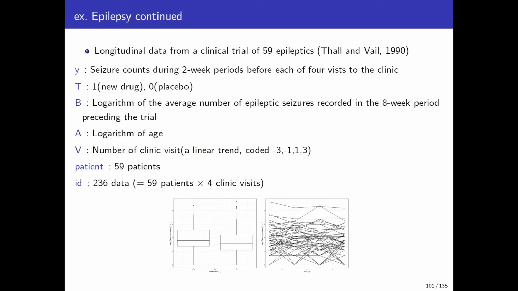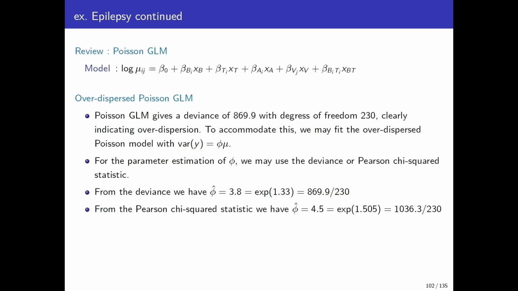And we can write our Poisson GLM as follows. We have log mu equals beta 0 plus beta_B x_B plus beta_T x_T plus beta_A x_A plus beta_V x_V plus beta_BT x_BT.